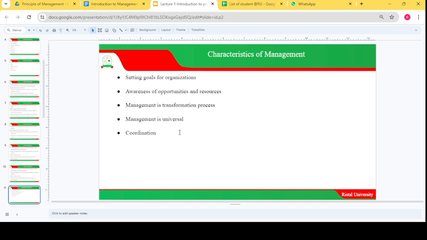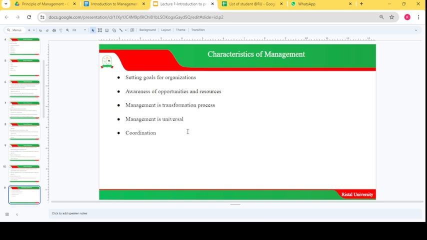And also management is universal, where the principles and techniques of management are universally applicable to all group activities performed at any level of the organization.